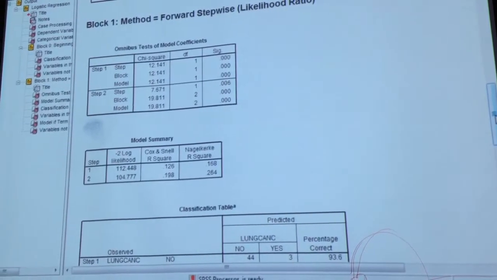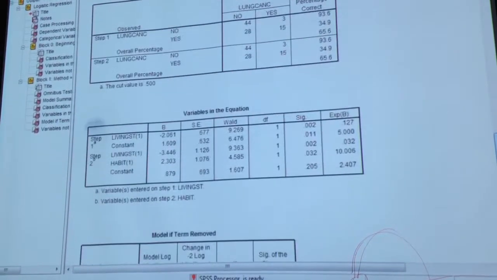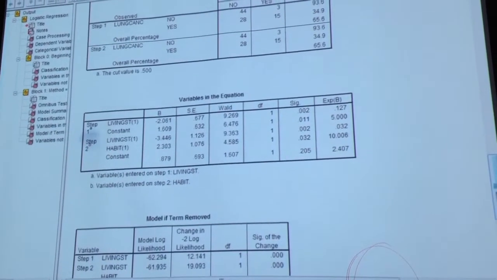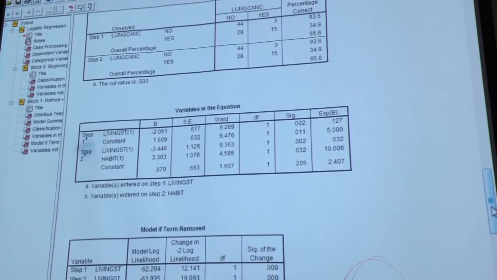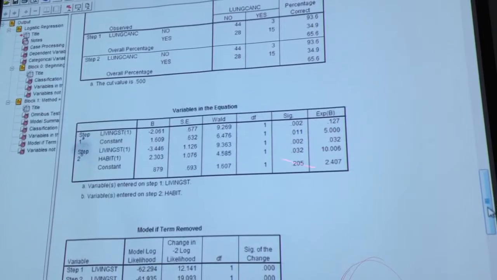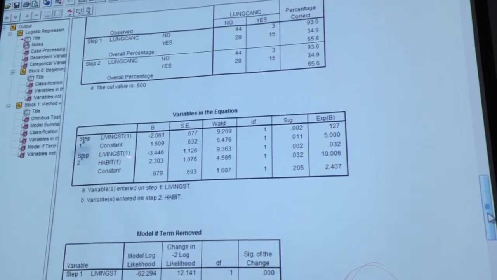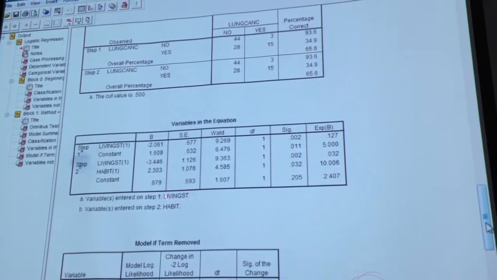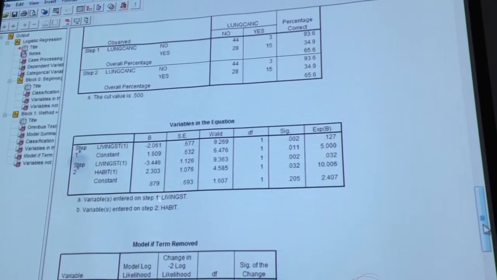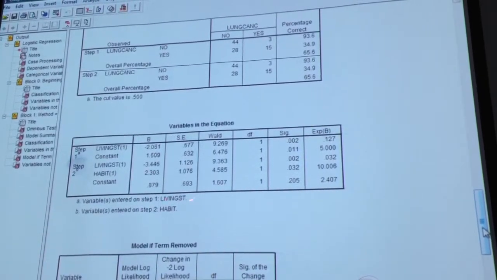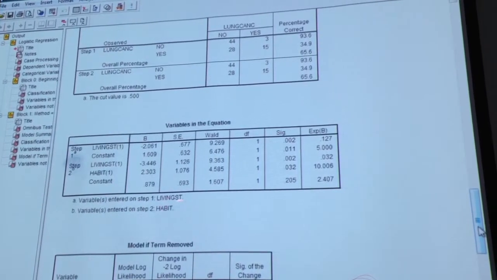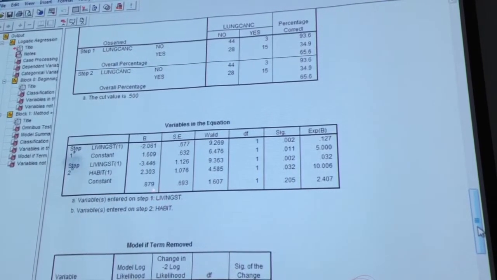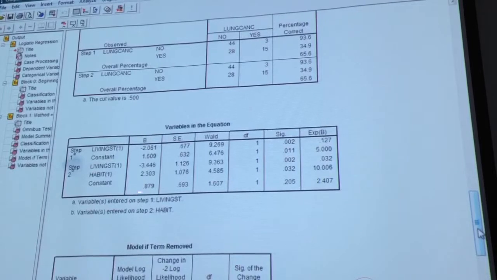Then we will see, move down. Variables in the equation is the most important table. So now we can see the first step is what? Living style. So living style is a significant predictor of lung cancer.